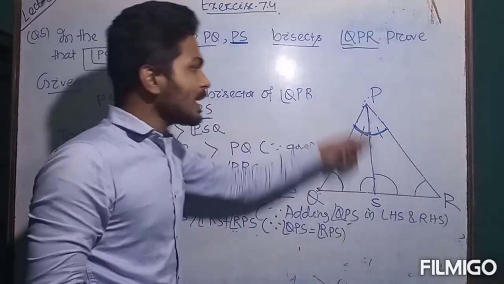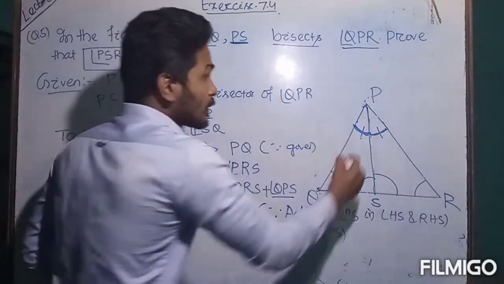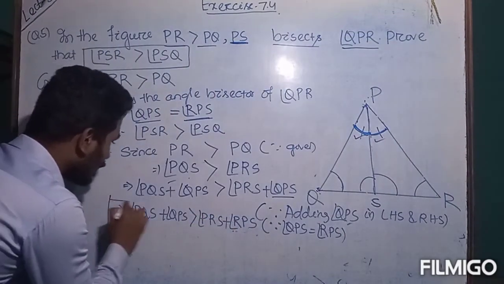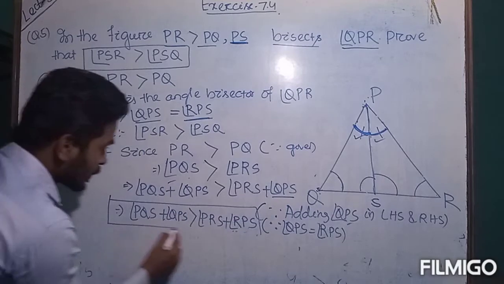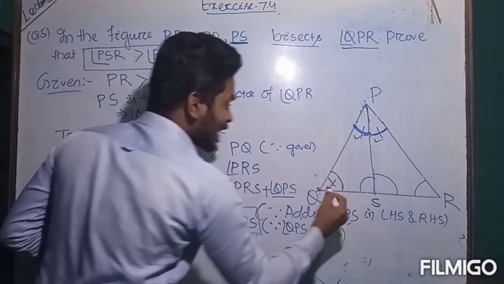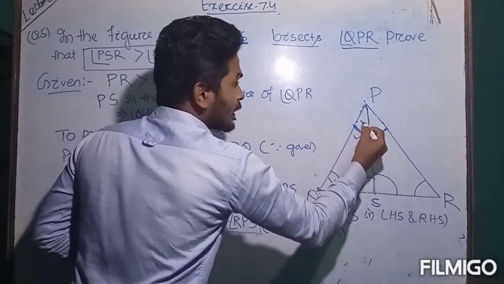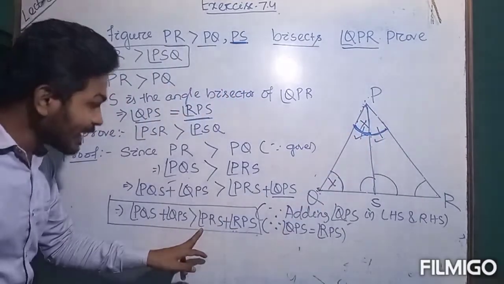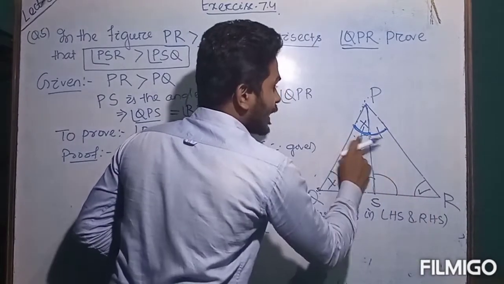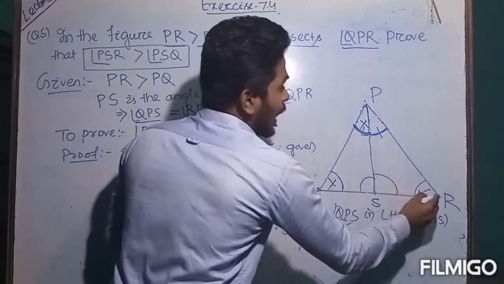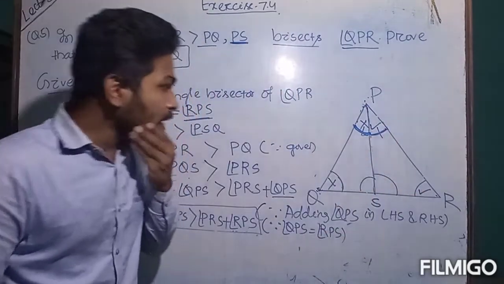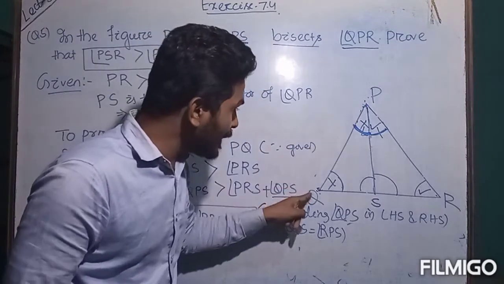Why? Because PS is the angle bisector of QPR, so this angle is equal to this angle. Now it is understandable, right? So we have got PQS plus QPS is greater than PRS plus RPS. Now consider the triangle PQS.